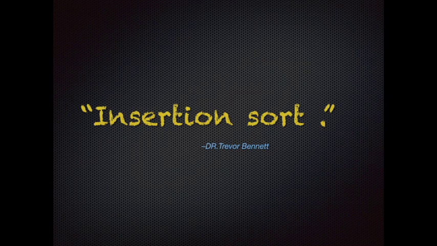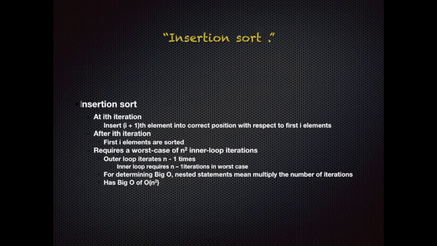Okay, let's move on. In insertion sort, at its iteration, it inserts the i plus 1 element into the correct position with respect to the first i elements. After the iteration, the first i elements are sorted.